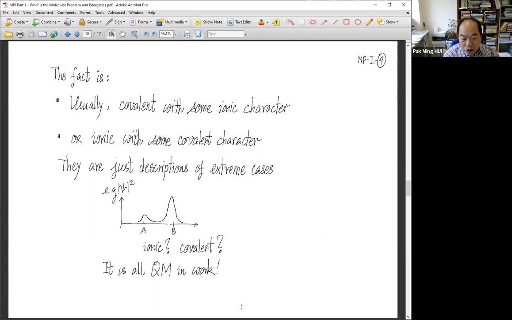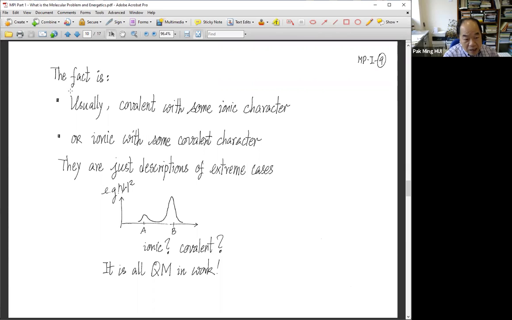Here is the picture, all right? So you solve the Schrödinger equation. At the end, you know how the wave function behaves. Then we can discuss, is it ionic with some covalent character or covalent with some ionic character?